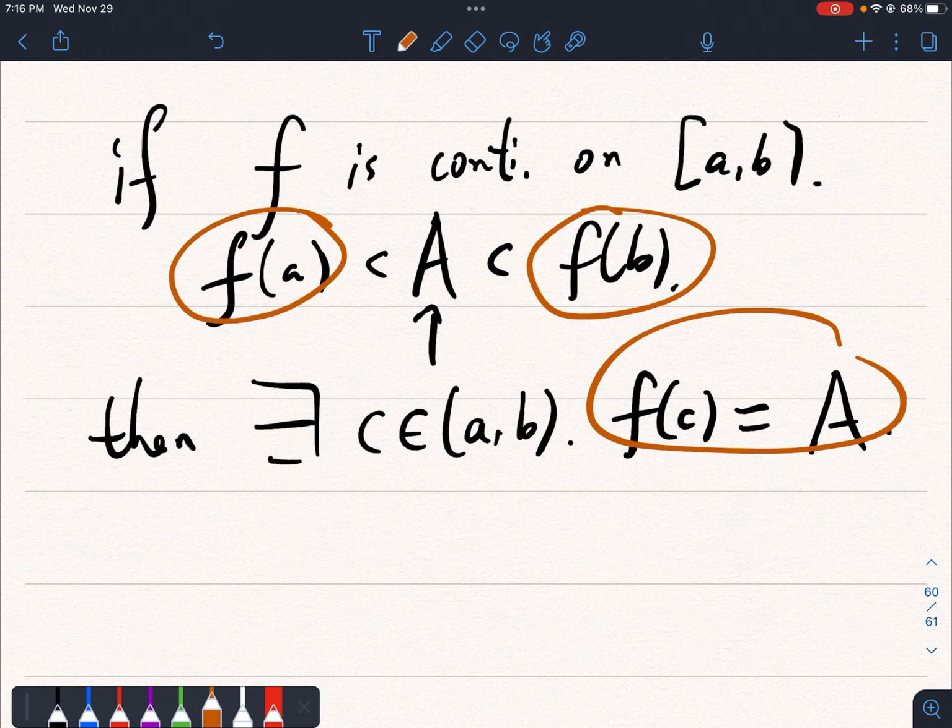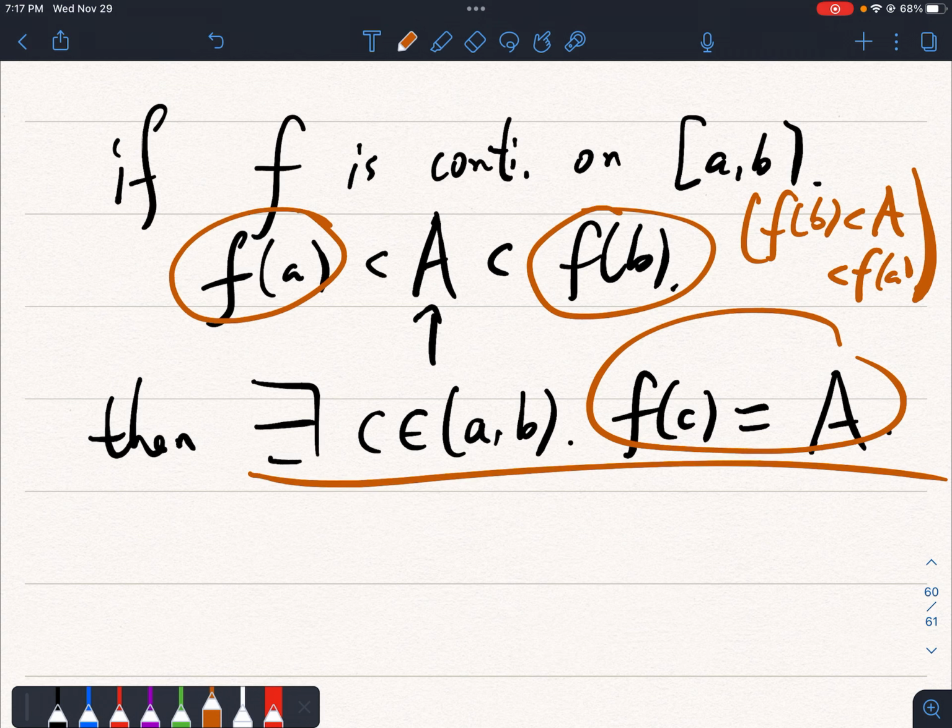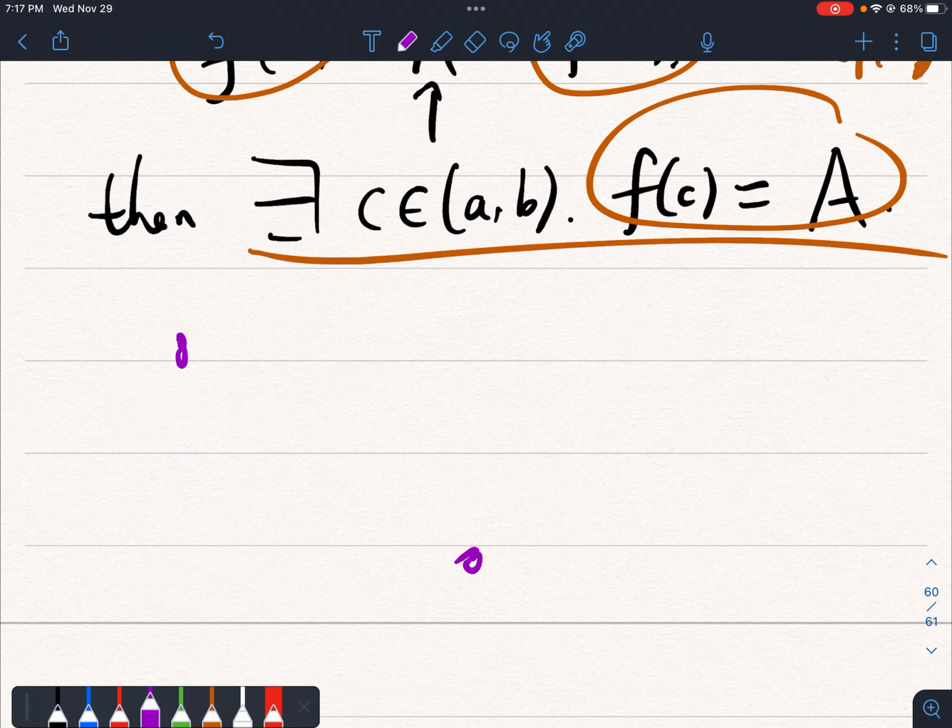Any intermediate value between the values at two endpoints, if they are not equal, is attained by some point. And clearly, there's no reason why f of A has to be less than f of B. It can be bigger, right? So if f of A is bigger, then we just choose any a that is between f of B and f of A. Then we still can find some c such that f of c is equal to a.